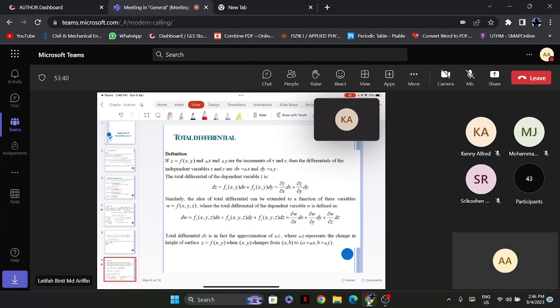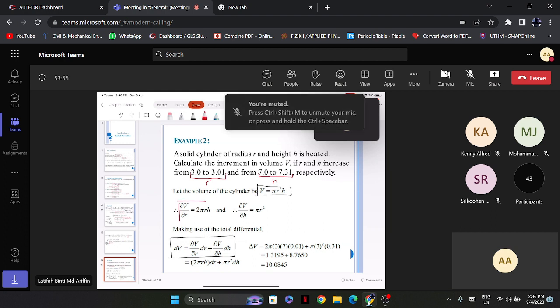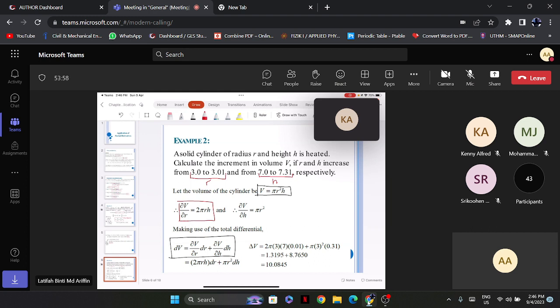Okay, so kita tengok balik kita punya example number 2. Dalam case ni kita nak cari dV equals to del V over del R dR plus del V over del H dH. So what is our del V over del R? Kita differentiatekan V terhadap R. Kemudian del V over del H adalah differentiatekan V terhadap H. And then kita akan gantikan ke dalam kita punya formula. So dV equals to 2 pi R H dR plus pi R squared dH. And then what is our dR?